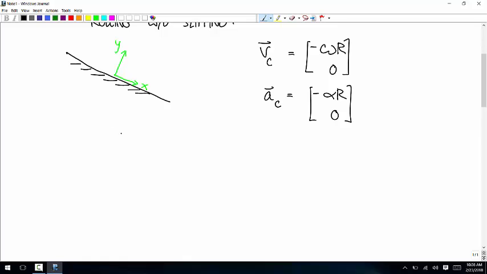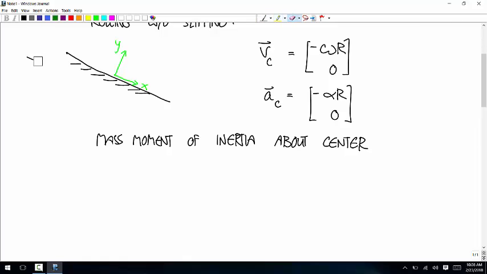So we'll assume that the mass moment of inertia about the center is I center. Okay, so C is the center of the round shape. It's not necessarily the center of mass.